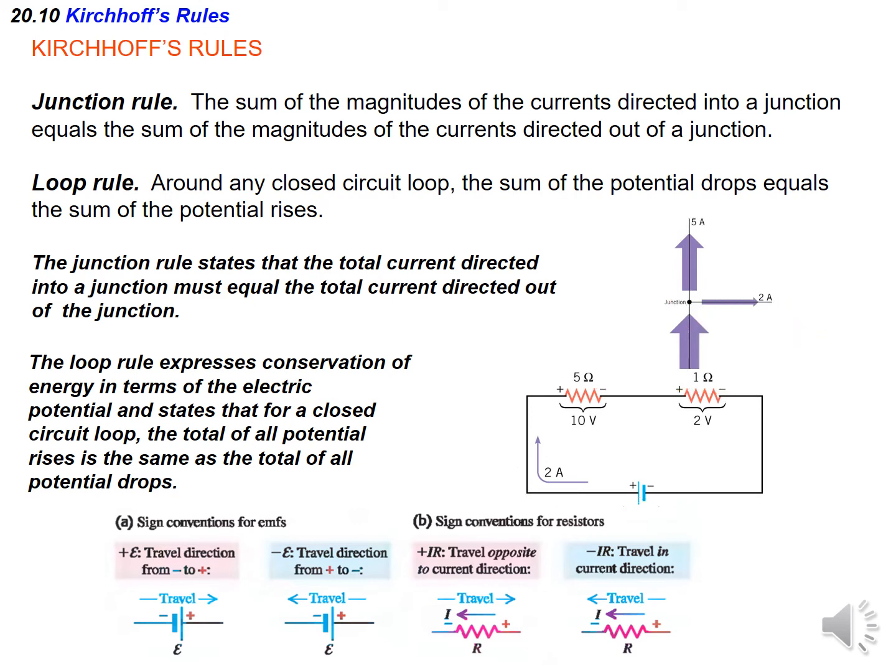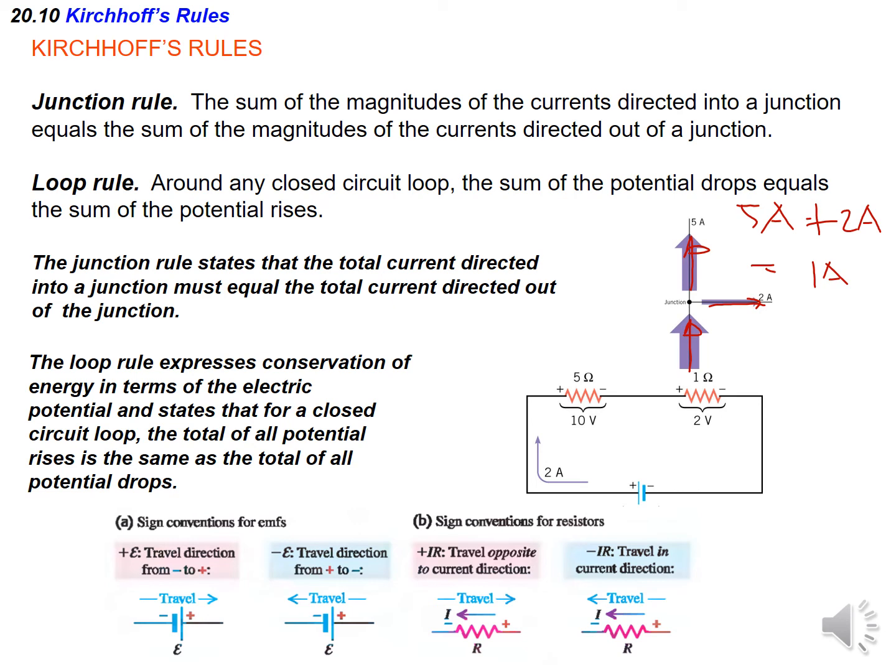If I'm going to solve for that one, that's equal to 5 ampere plus 2 ampere, and that should be equal to 1 ampere. Again, all the current directed into a junction is equal to the current directed out of a junction.